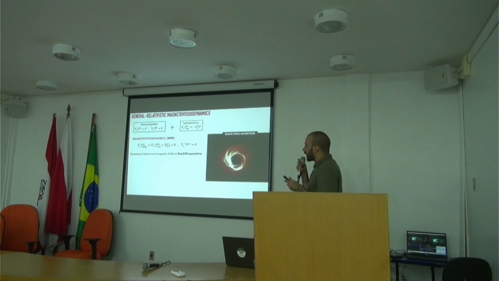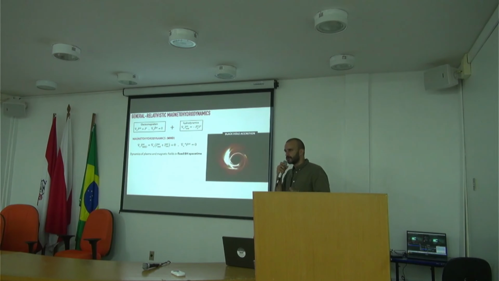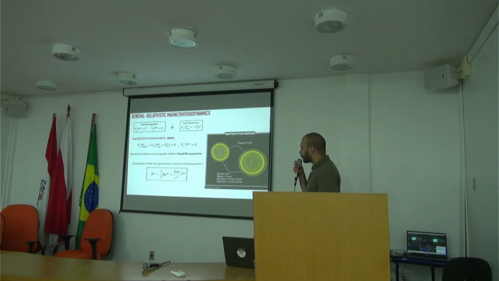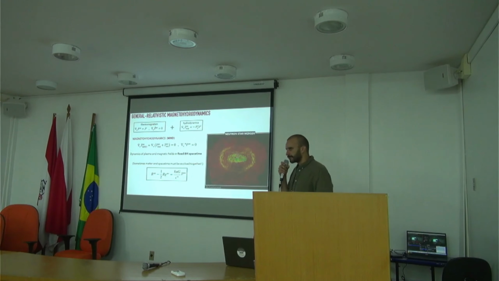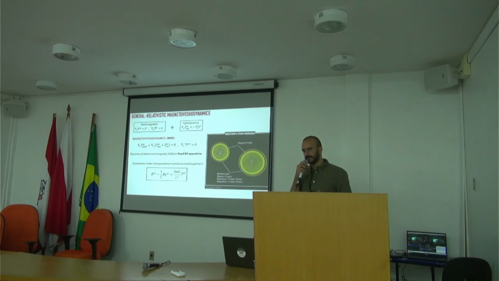But there are actually cases in which this is not a possible assumption to make, because the matter and the electromagnetic fields are so intense that they also contribute to the curvature of the space-time. They contribute to a space-time back reaction. This is the case in which we have to plug the energy momentum tensor of MHD inside the Einstein field equation and let the entire system evolve.